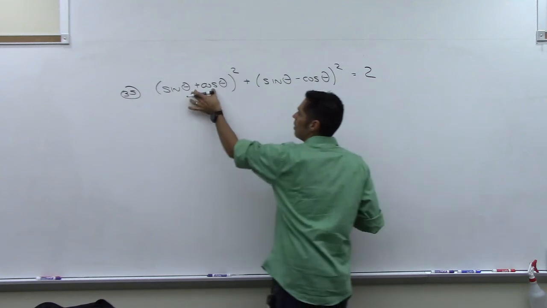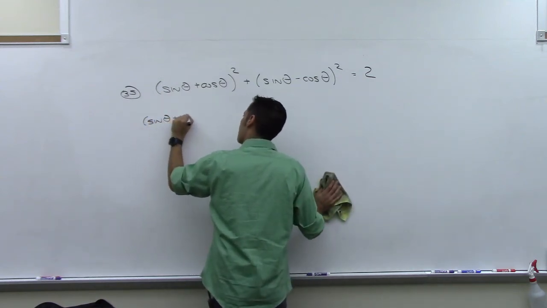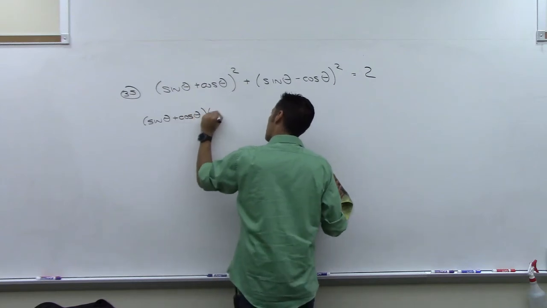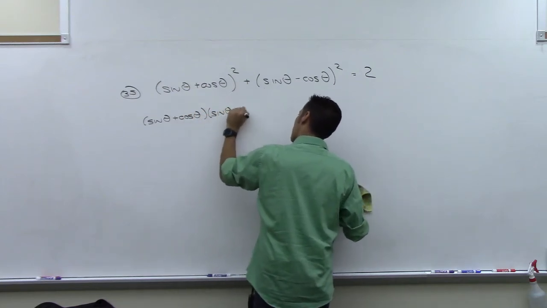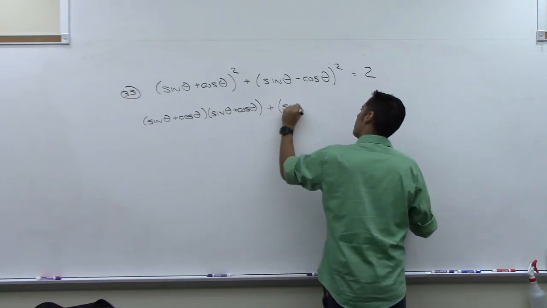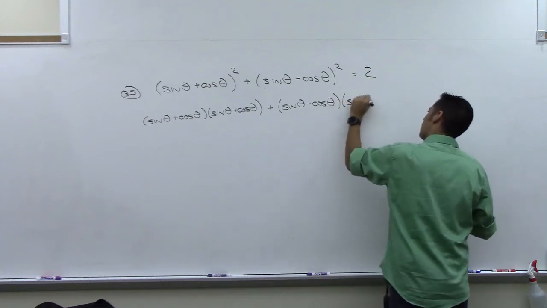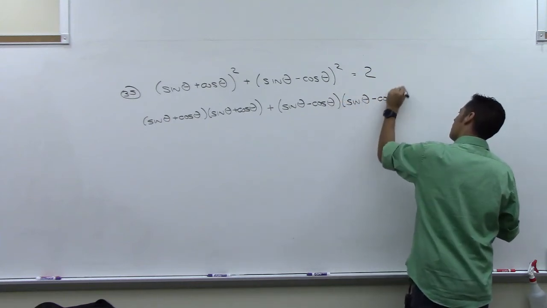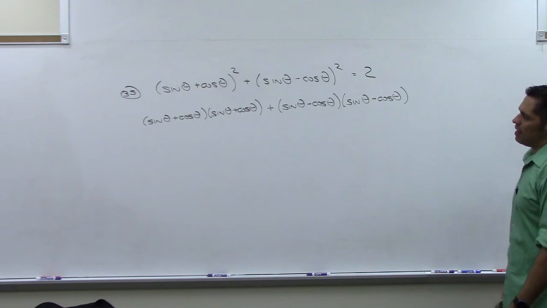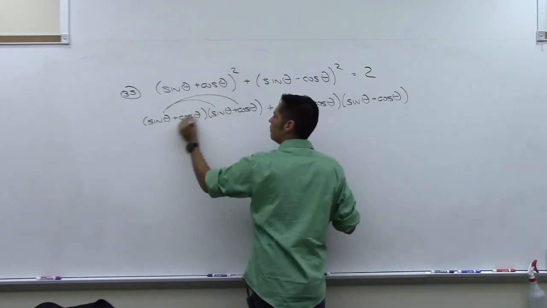If I square this, I have to do sine theta plus cosine theta times sine theta plus cosine theta. And then plus, when I square that, sine theta minus cosine theta times sine theta minus cosine theta. And I want to see what this turns out to be. So let's do our little FOIL here.